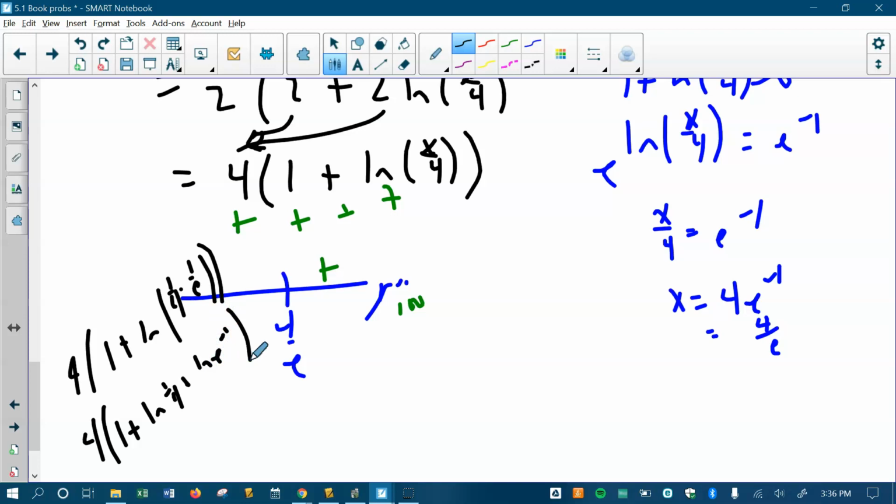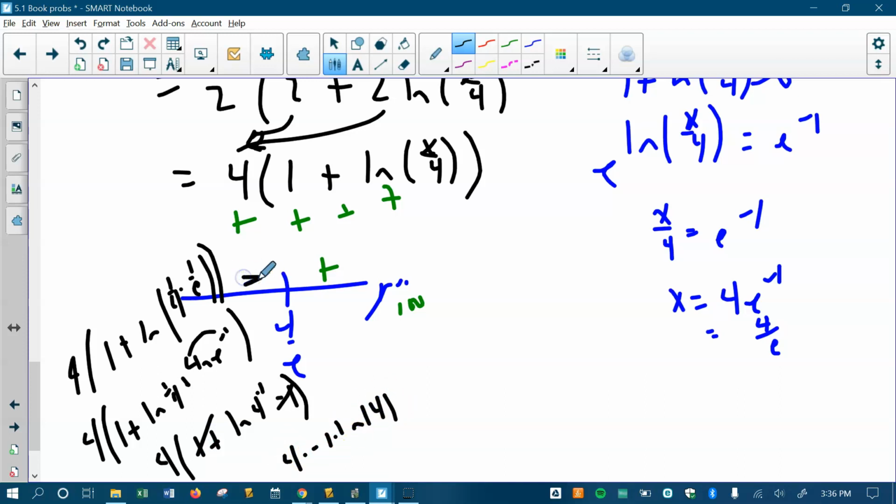But we can see here that ln of e to the negative 1 is negative 1. So I'll finish this up here. 1 plus, this is going to be negative 4. ln of 1/4, well, we'll just keep it as ln of 4 to the negative 1, let's call it. And then the negative 1 here comes down in front. ln of e is 1, so minus 1. Those cancel. This negative 1 comes down. We have 4 times negative 1 times ln of 4, which makes this a negative value.